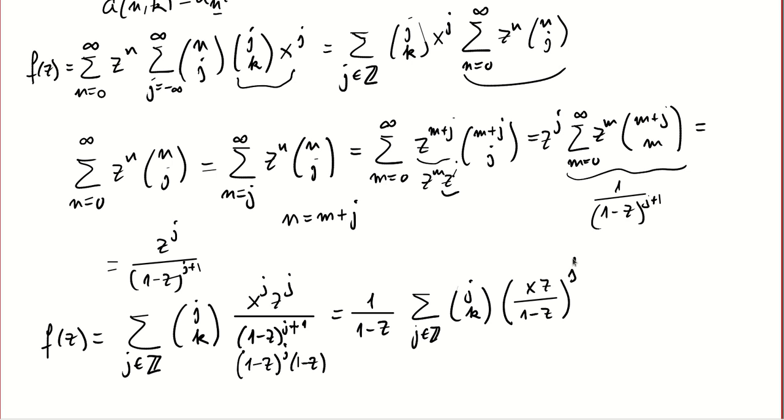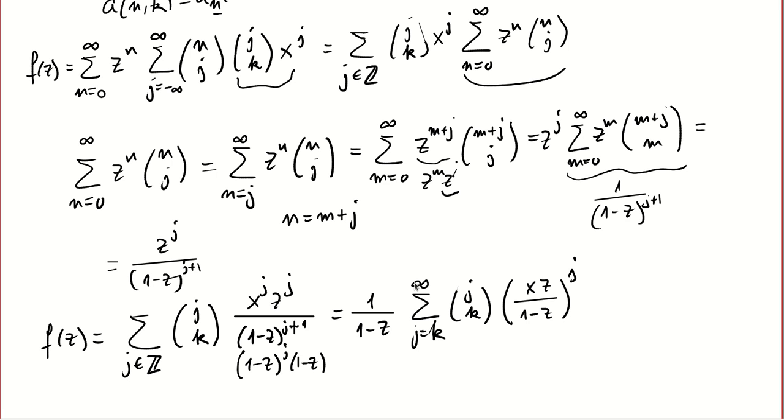But again, as we had before, we're adding over all possible integers, but whenever the integer j is smaller than k, this coefficient is going to be 0, so we can as well start at k, because all that there is below k contributes nothing here. And this goes all the way up to infinity here.